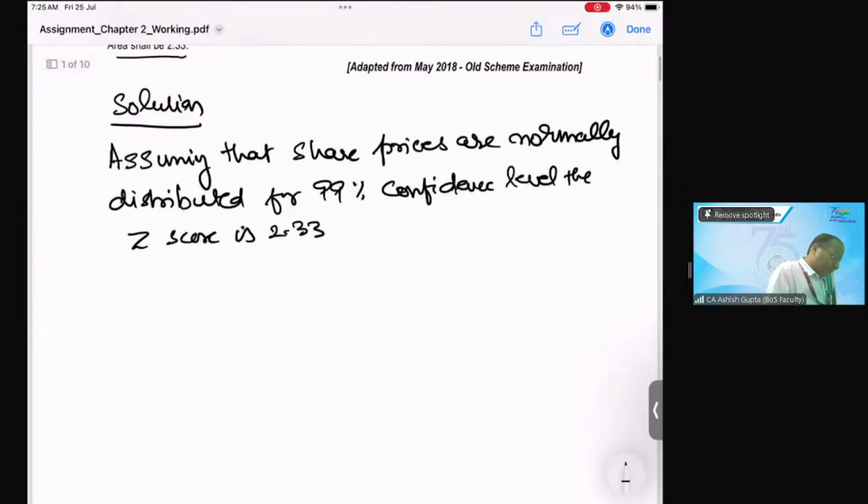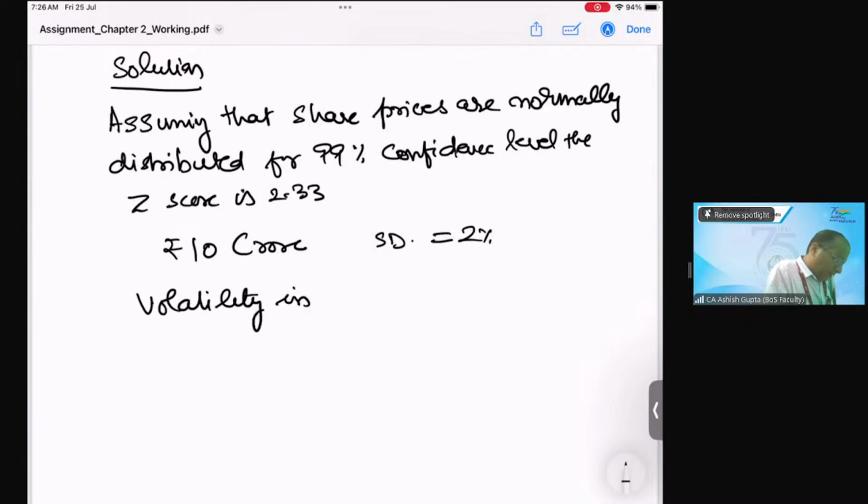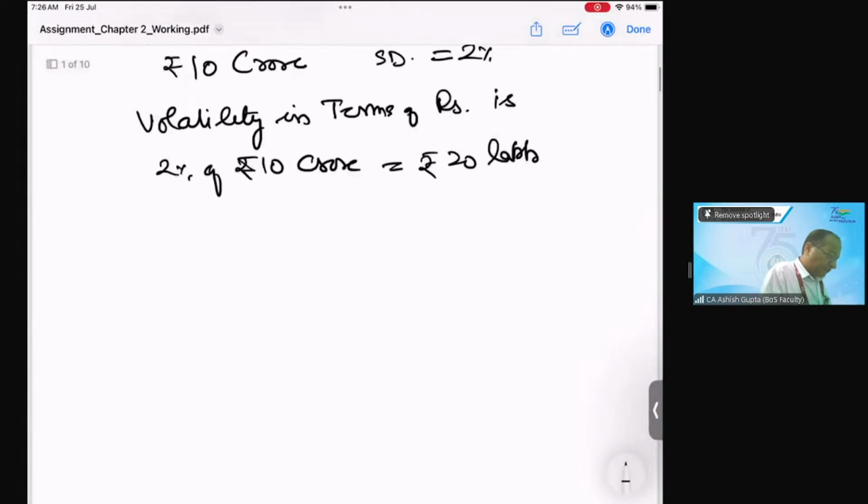See, in the question it says our portfolio value is 10 crore and our standard deviation for one day is 2%. So we can say that our volatility in terms of rupees is 2% of 10 crore, which is 20 lakh. This is a volatility, a standard deviation.